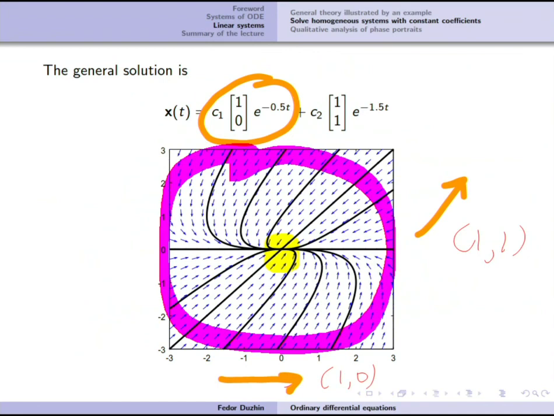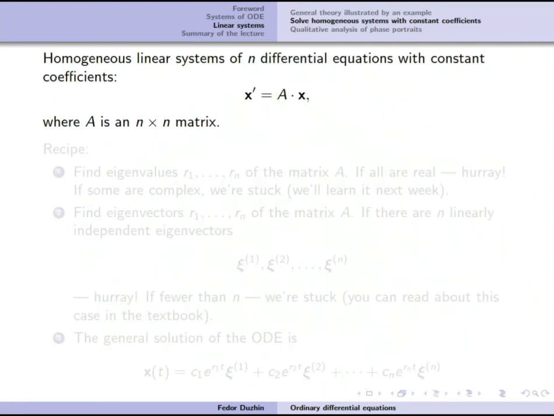And this is because this is the eigenvector corresponding to the eigenvalue that is bigger in magnitude. Okay.